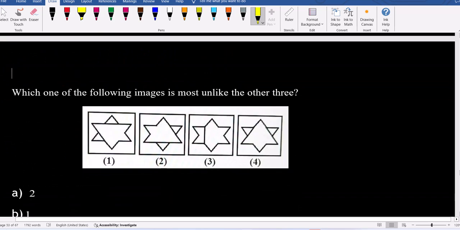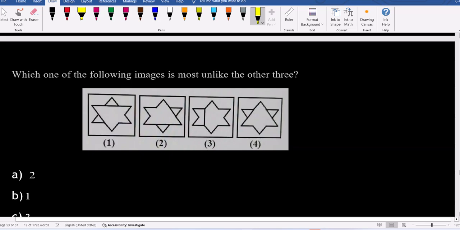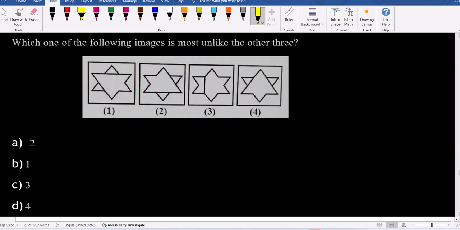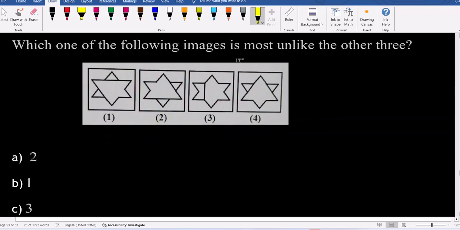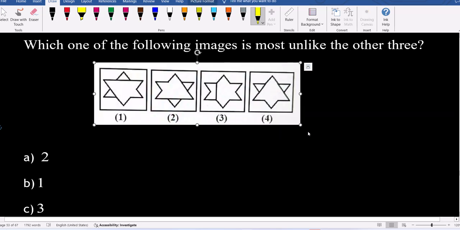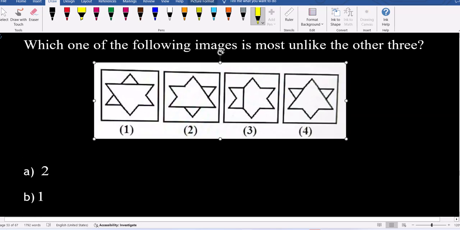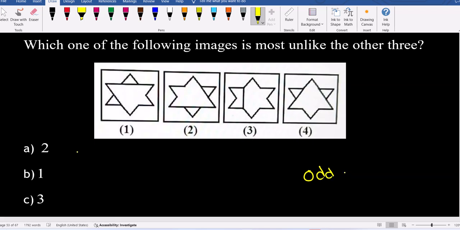Now, image-based questions. Odd one out, you need to check it out here. Guys, I want the odd one out among these. In this diagram, I want the odd one. Diagrams also have odd one out. Which is that?